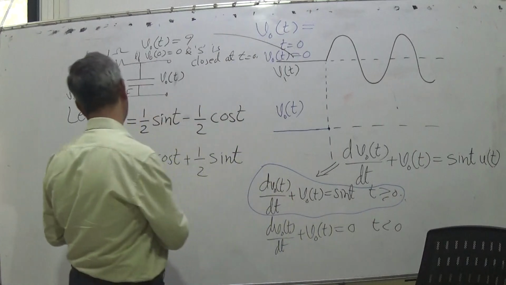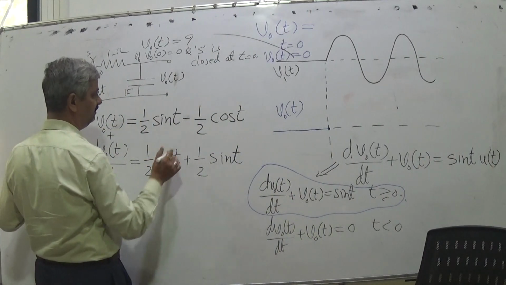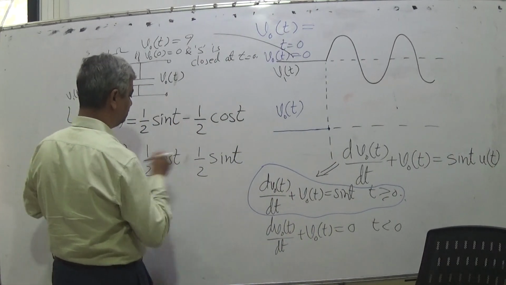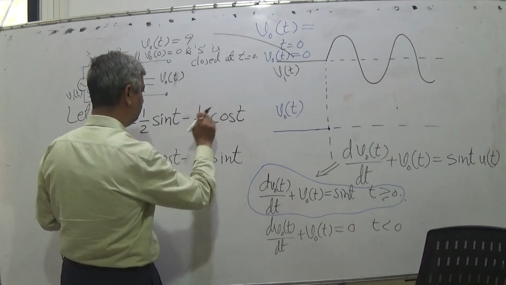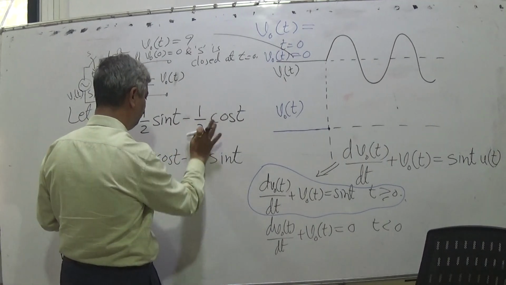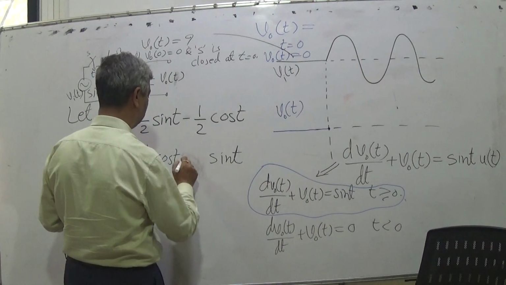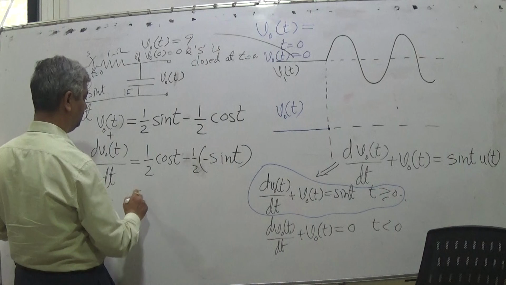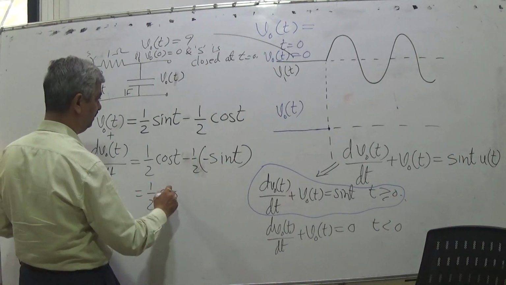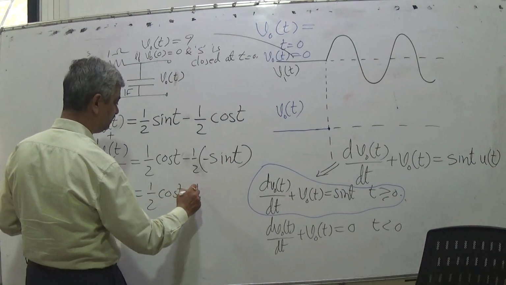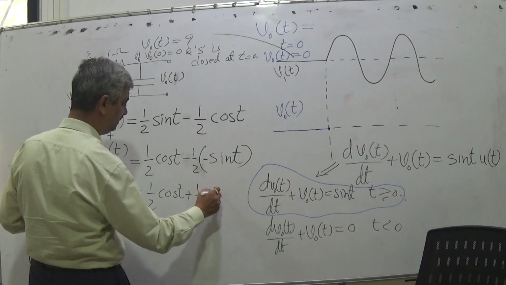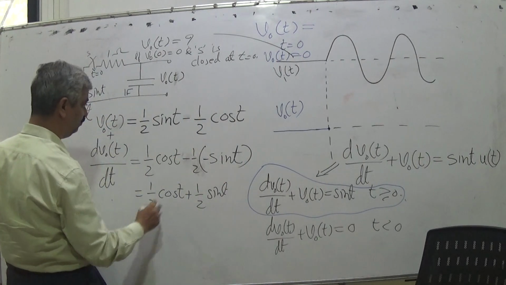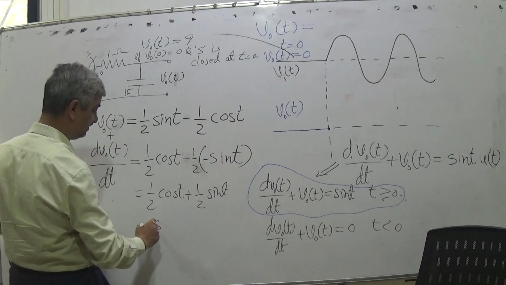What would be dv by dt? Half cos t minus half, let it be very clear, minus half minus sin t, right? So that is half cos t plus half sin t, and when I add these two, cos gets cancelled, leaving sin t.